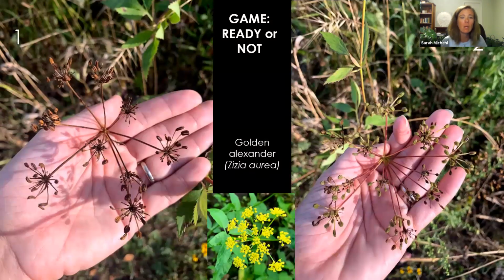All right, Golden Alexanders. Number 1 on the left, number 2 on the right. Look really closely at the colors that you see on these. And yes, number 1 on the left is ready to be collected. So this is a shattering species. So number 1, if you bump that, those just shatter. They just fall.